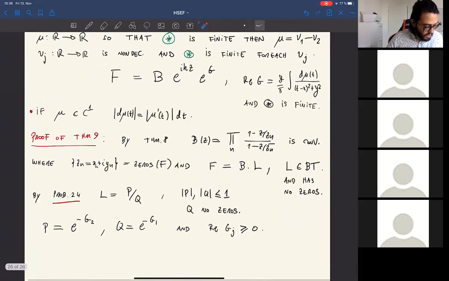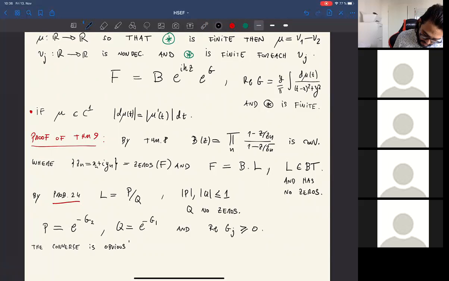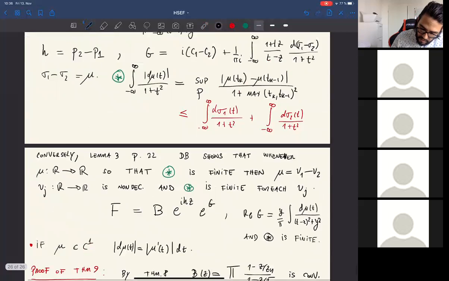Okay, so then now we need to prove the converse, and the converse is obvious. And that finishes the proof. Why is the converse obvious?